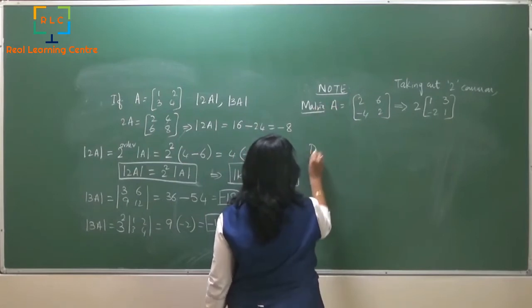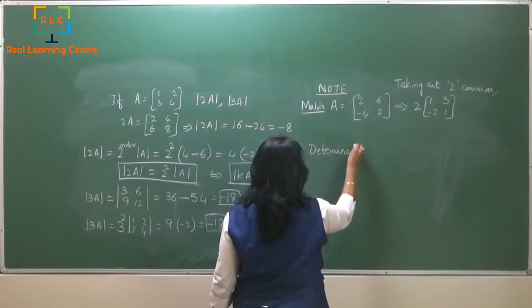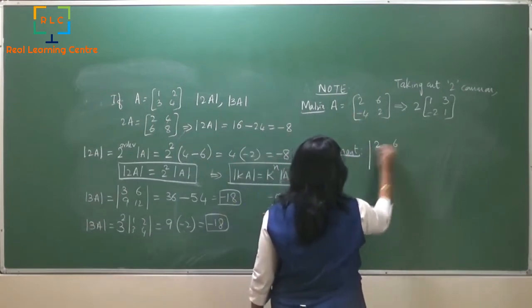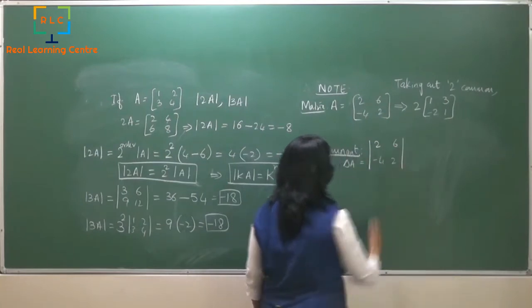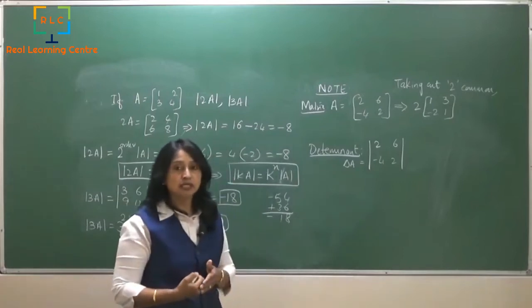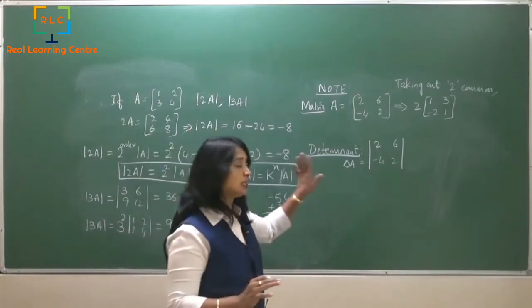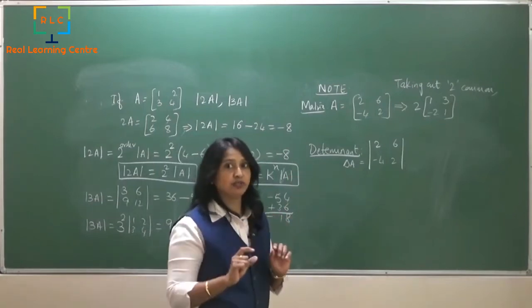Now I am going to the determinant of A. If I give this notation, this will be delta A equal to the determinant of 2, 6, minus 4, 2. If you have to remove a common factor, then you cannot remove it from all the elements, but instead you have to remove a common factor from every row or every column.